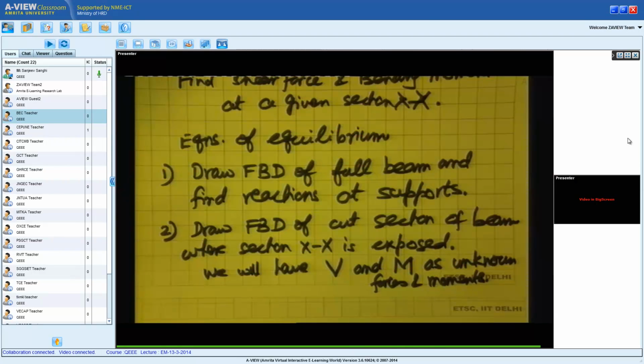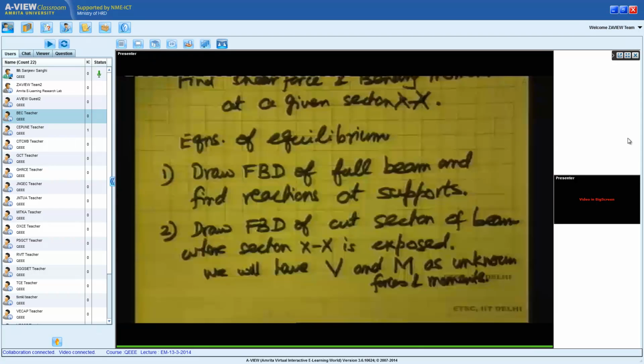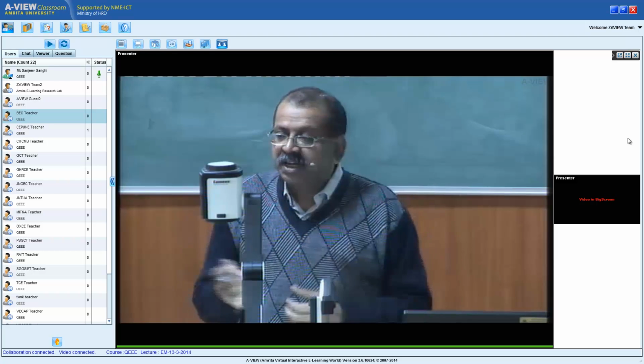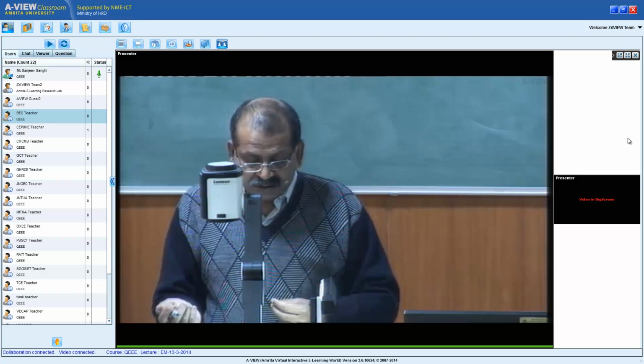At this section XX, which is exposed, we will have shear force V and a bending moment M, which will be unknown. The directions of these will be drawn as per sign convention, and then our answer will be either positive or negative.